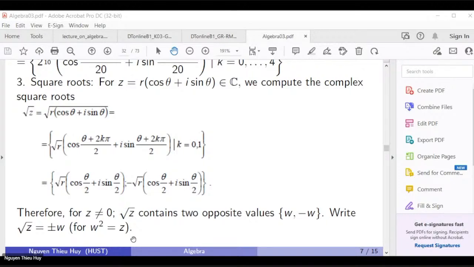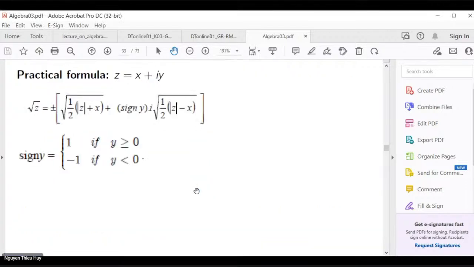And it's helpful when we are considering this. There is a practical formula that I want to give you here. So you want to compute it fast: z equals x plus iy. Then immediately we can prove that the square root of z contains two opposite values.